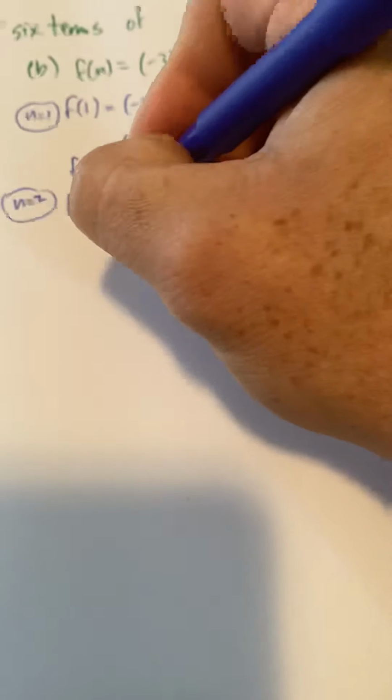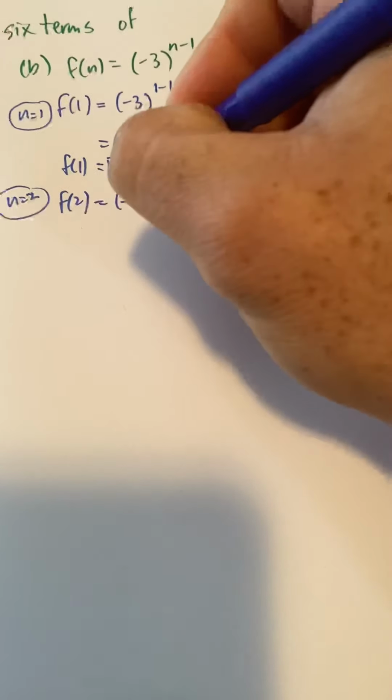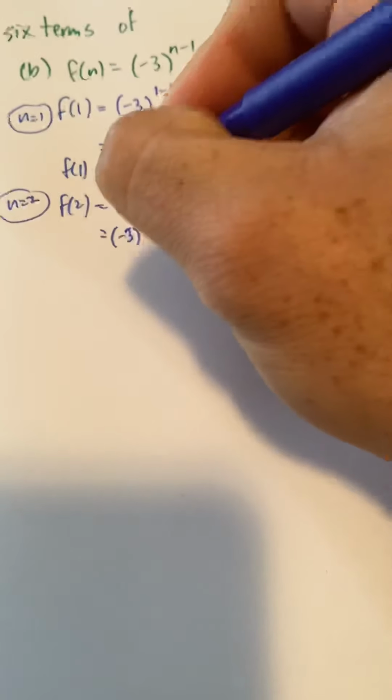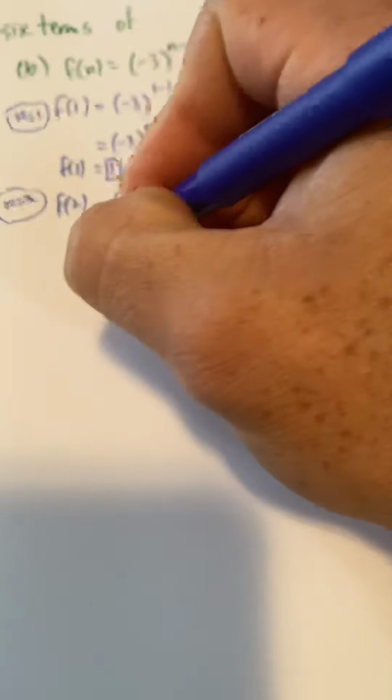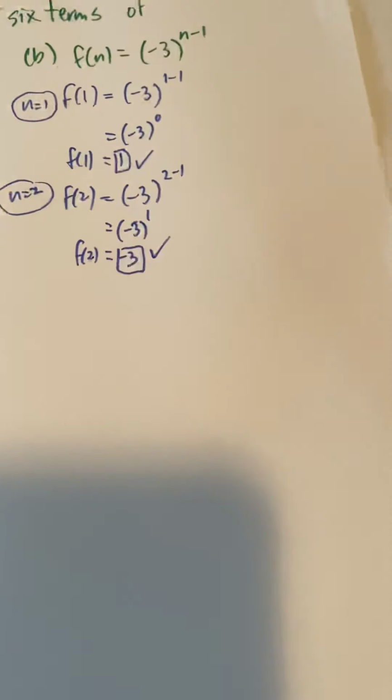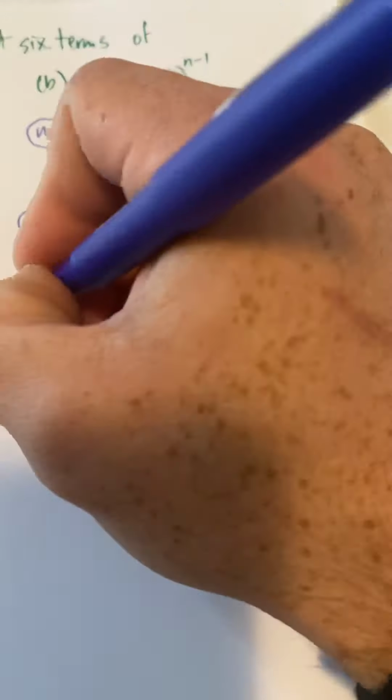And when n is 2, we're going to have f of 2. F of 2 is going to give us the quantity of negative 3 to the 2 minus 1, and 2 minus 1 is 1, which will give us just negative 3. So f of 2 is negative 3. Continue going.